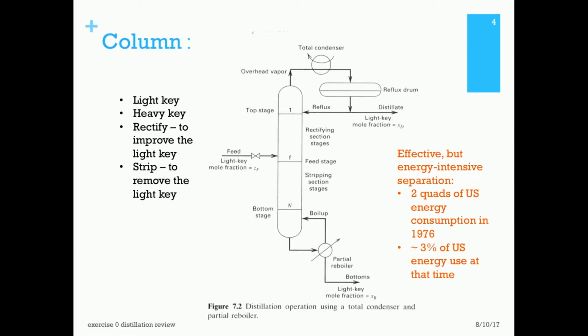In the future, we probably will be using more separation techniques that are not as energy intensive. As an example, in 1976, 40 years ago, we used 2 quads of energy for distillation in the United States. The total consumption of energy in the United States at that time was about 90 quads. So we used a significant portion of the energy just for distillation, at 3% at the time.